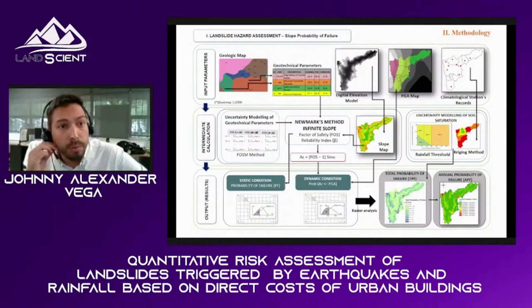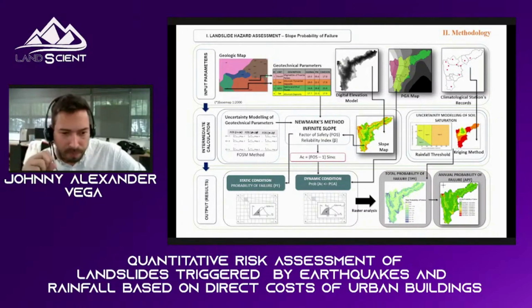This is the workflow for landslide hazard assessment. This is a probabilistic approach that takes into account uncertainty modeling of geotechnical soil parameters and the uncertainty of the soil saturation because of rainfall.